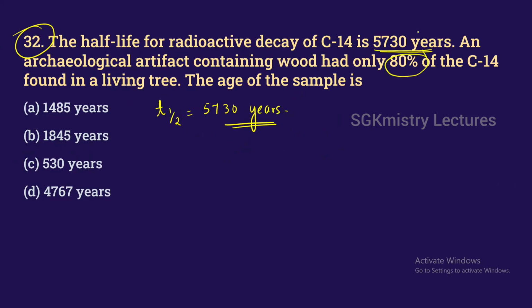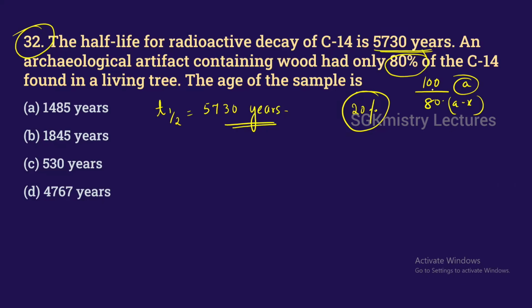So only 80% was remaining now; 20% has already reacted. So what is remaining at time t is 80. Out of 100, only 80 is remaining. So a minus x will be 80, a will be 100. Correct?